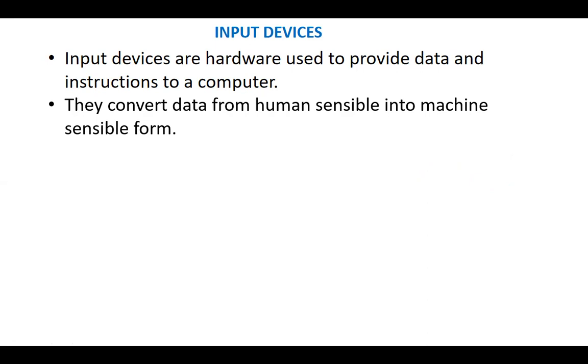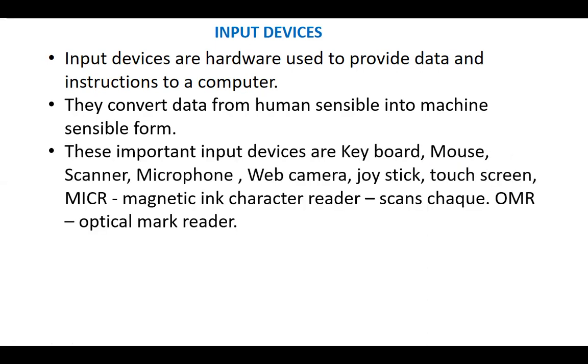That's what it means. And then these input devices, examples, we have the keyboard, the mouse, the scanner, the microphone, the web camera, the joysticks, and the touch screens. We have the MICR, which is the magnetic ink character reader, which is just used for scanning checks.